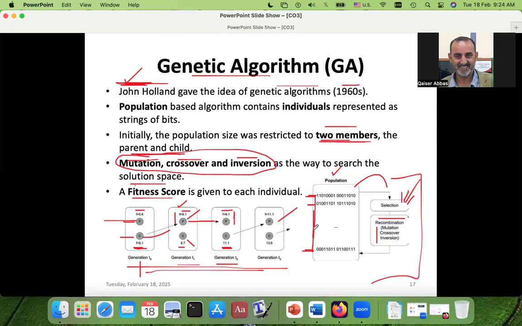In the population, these are the strings. Inside this population, this is like a data set, and from this data set, we will select through some methods. We will discuss those methods in upcoming slides, not now. We cannot select something from this randomly. It is not random selection, okay?